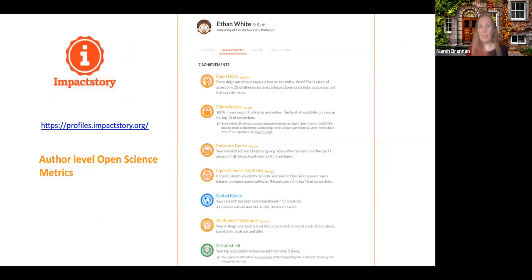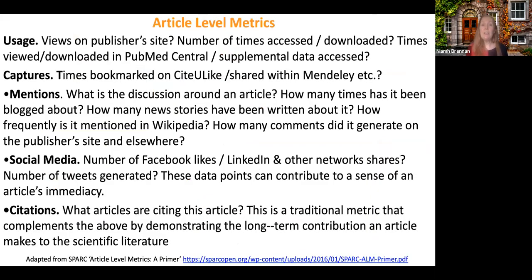You'll be familiar from your open science work with open science metrics. Impact Story is an excellent source of information for individual researchers on their open science metrics, and go ahead and have a look at that. On the article level metrics, Spark's primer on article level metrics said that article level metrics focus on usage, captures, mentions, social media, and citations.